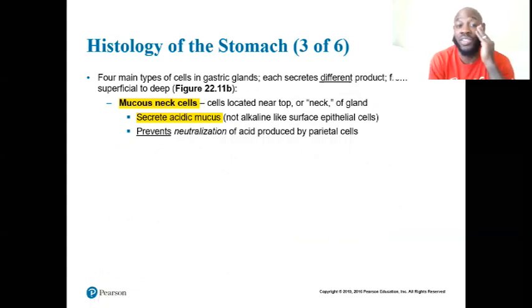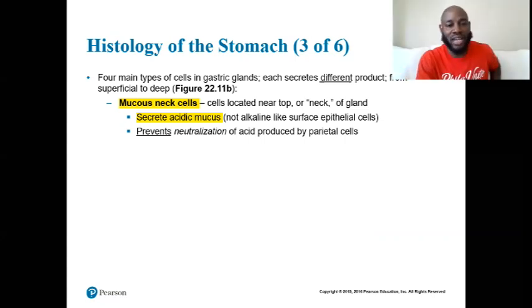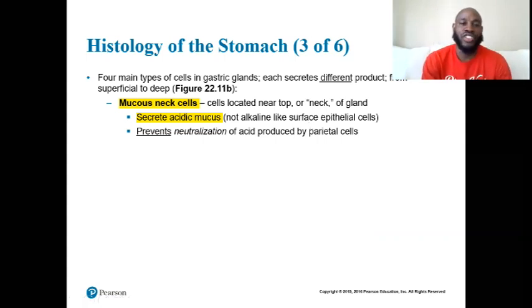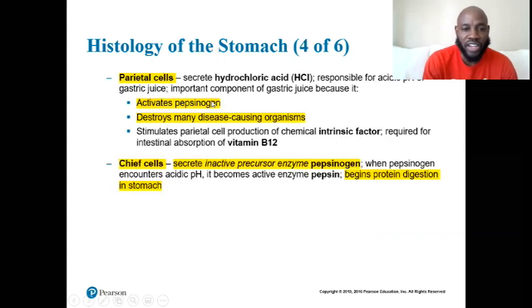There are 4 main types of cells in the gastric glands, each secreting different products. We have mucus neck cells, located near the top, which secrete the acidic mucus. This prevents neutralization of acid produced by parietal cells. We have parietal cells, which secrete hydrochloric acid, a very strong acid.